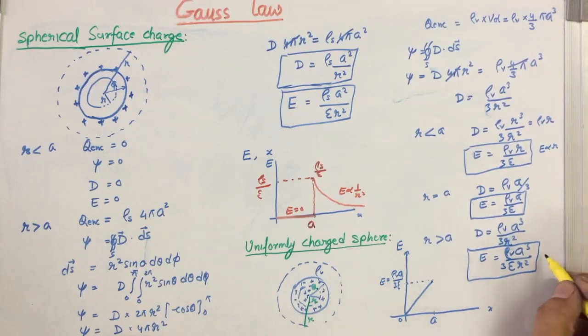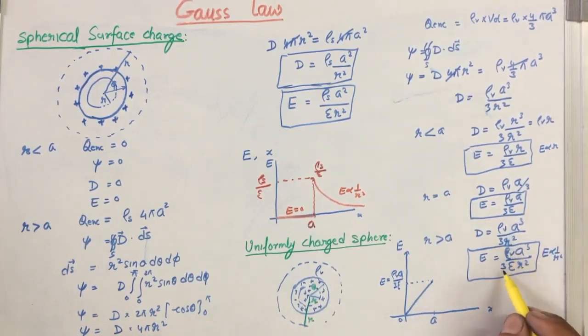And as we move away from the surface, E is proportional to 1 by r square. See here, this is constant. So outside of this, E is proportional to 1 by r square.